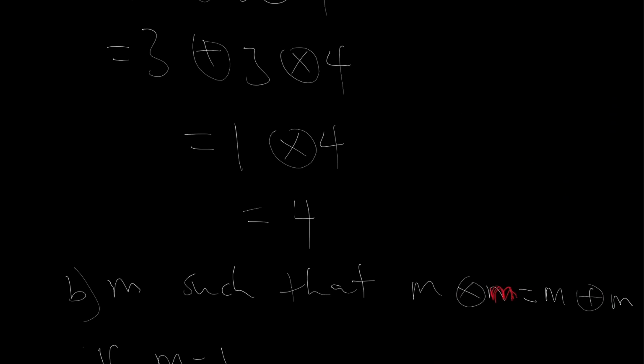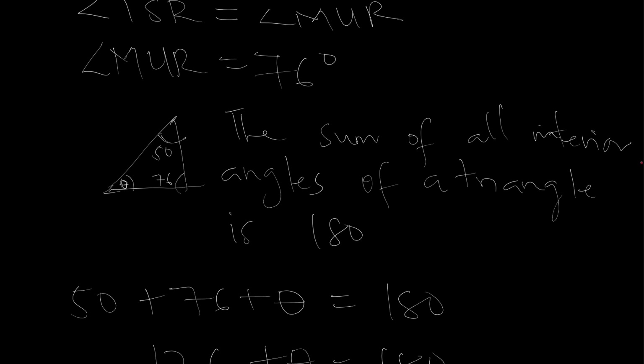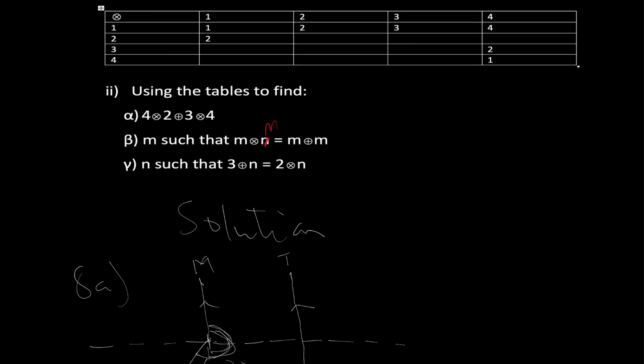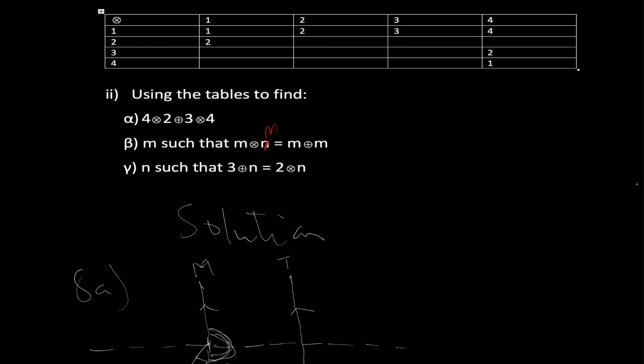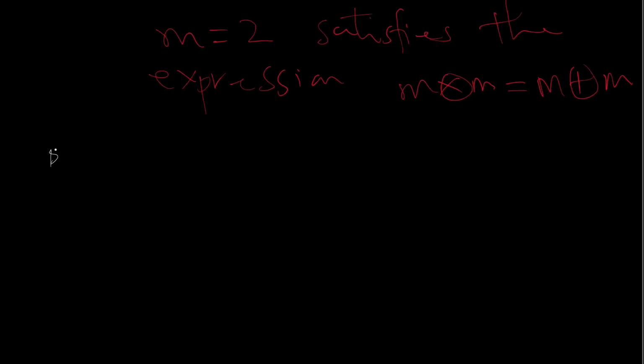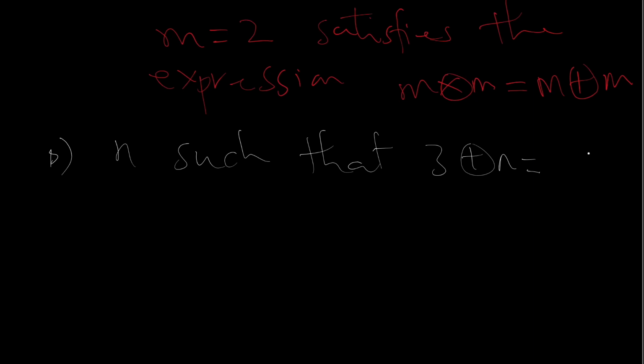So moving on to the next question. C. n such that 3 plus n is equal to 2 times n. So we'll do the same thing for this question as well.